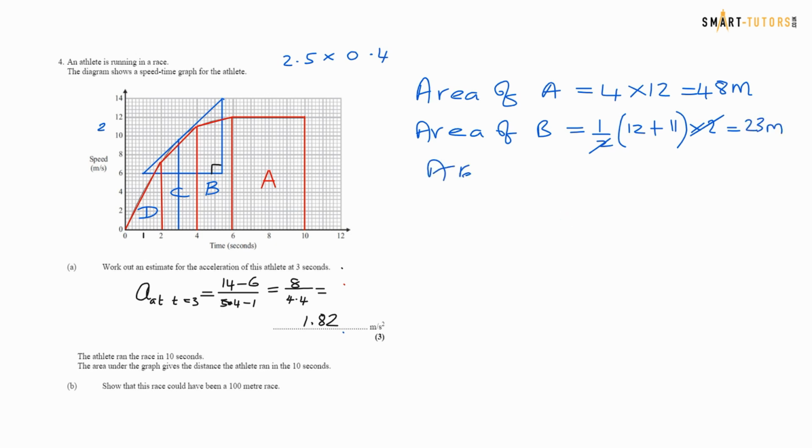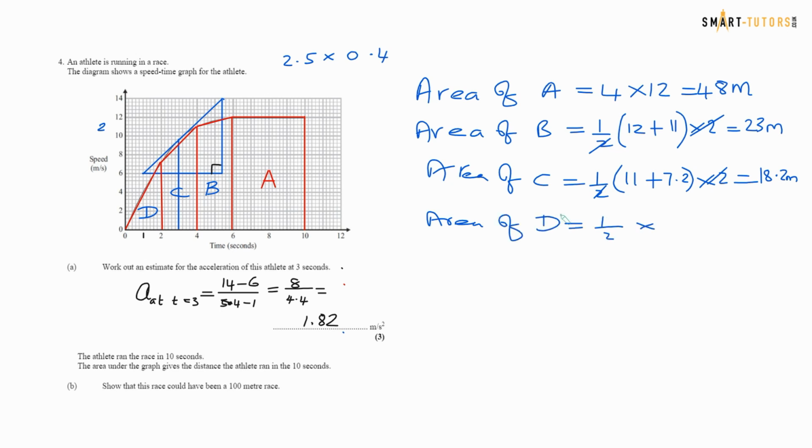Area of C. So area of C is half, then this is going to be 11 plus this is 6 and 1, 2, that is 3, definitely 3. So 7.2. 7.2 times 2, and 2 and 2 cancel, so 18.2 meters. And the next one is area of D. Area of D is a triangle, half, base, and this is 7.2 meters.